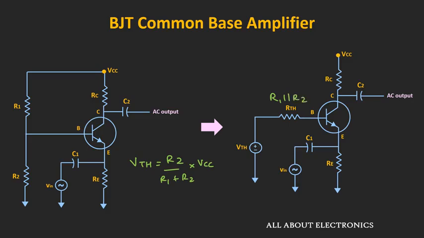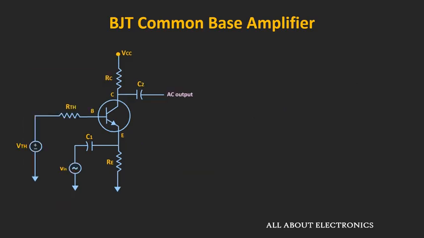So now if you see this circuit, then it looks similar to the fixed bias circuit. And for this circuit, the expressions of the voltage gain, the input and the output impedance will also remain almost same. But here the resistor Rb will get replaced by the Rth.